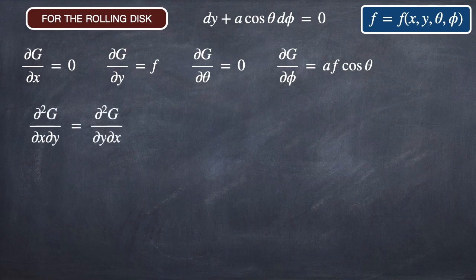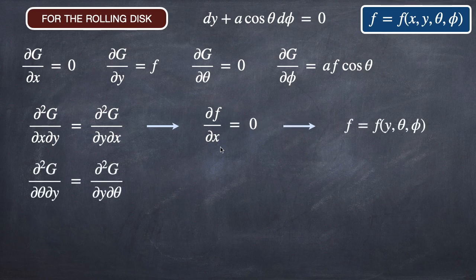Following the same idea as we already did, del g del y is f, so we have del f del x on the left-hand side of this equation, and since del g del x is equal to 0, this is equal to 0 as well. And then f has no dependence on x.